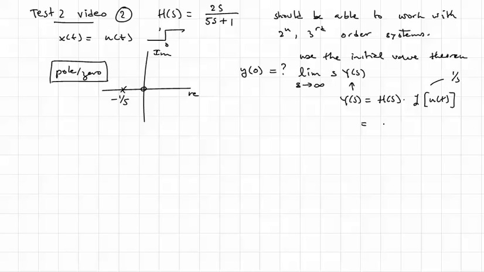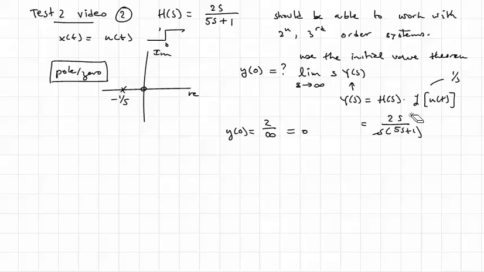So we have 2s over s times 5s plus 1. The s's cancel out, and so now we see that y at time 0 is going to be equal to 2 over infinity, right? 2 over infinity. So we actually have an initial value of 0.